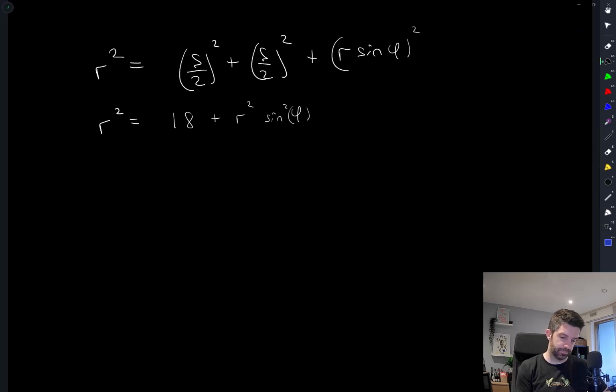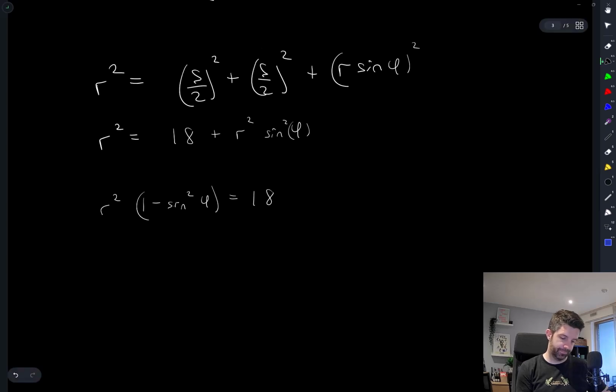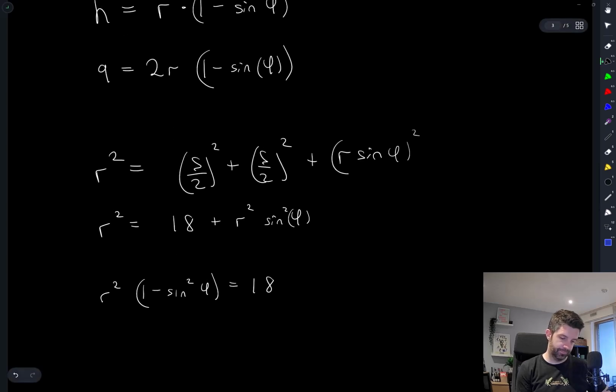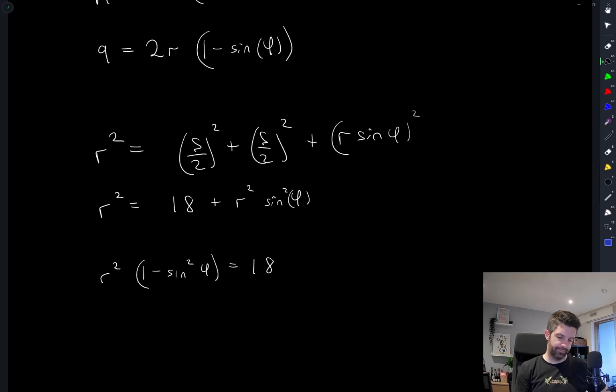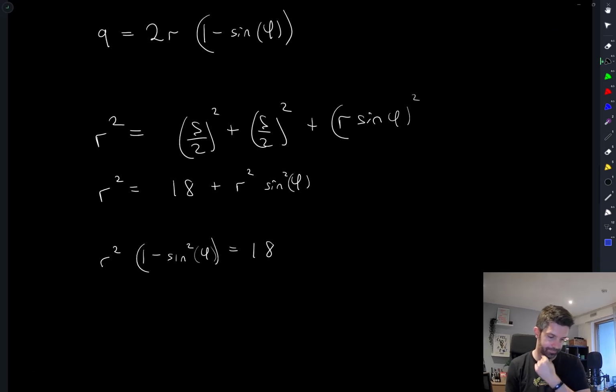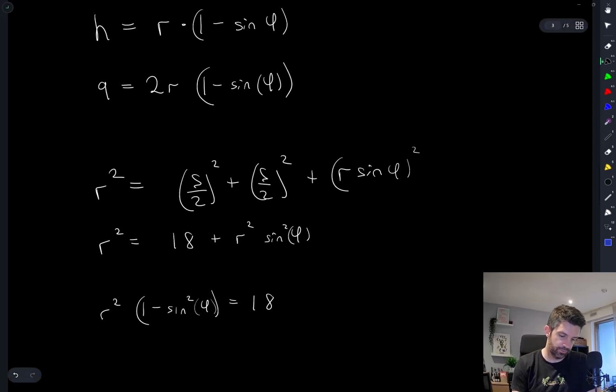Well, r squared times 1 minus sine squared phi is equal to 18. What if I take the equation here and square it?